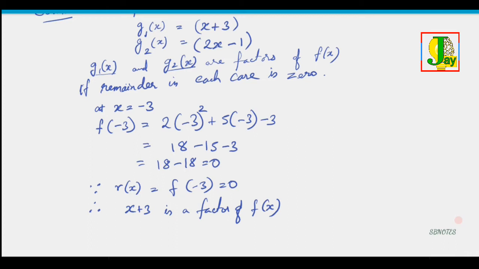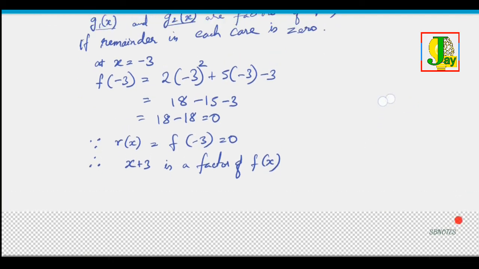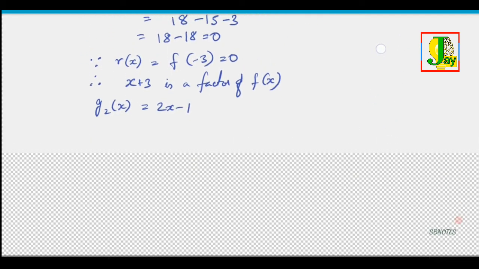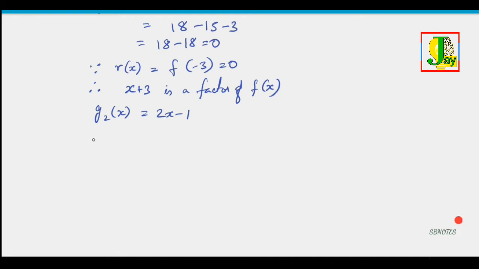Now the same process we're going for the second one, g2(x). Now 2x minus 1. Let us first write g2(x) equals 2x minus 1. We put 2x minus 1 equals 0. So 2x equals 1 and x equals half.